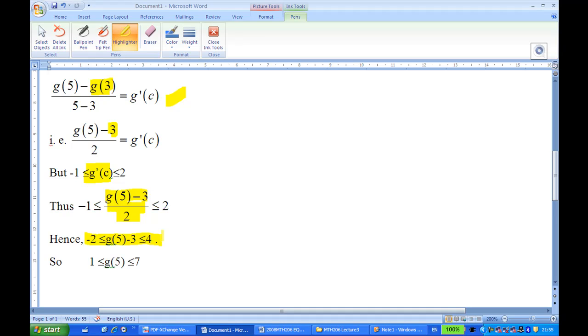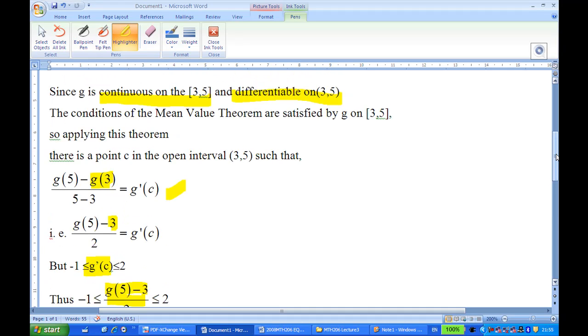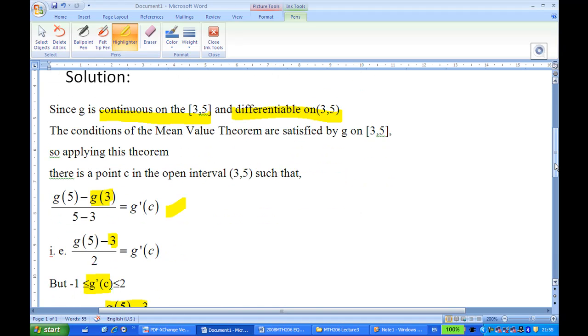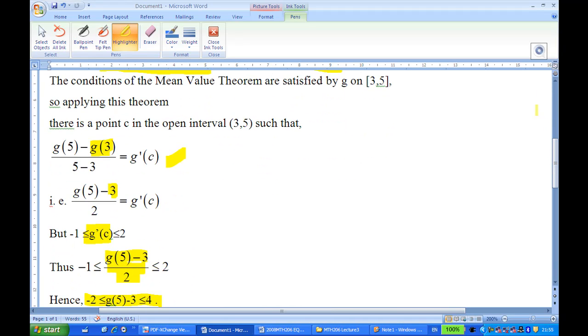So 3 minus 2 is 1, and 3 plus 4 is 7. That's how you get g of 5 between 1 and 7. This is how you show this solution by using the mean value theorem. Okay, so let's look at the solution. Again, this is how we present it. That is the end of this recording.